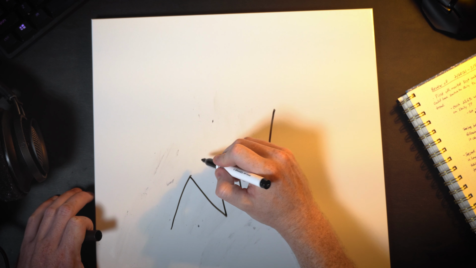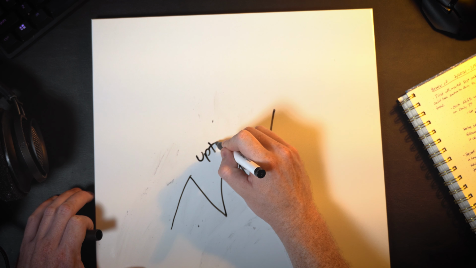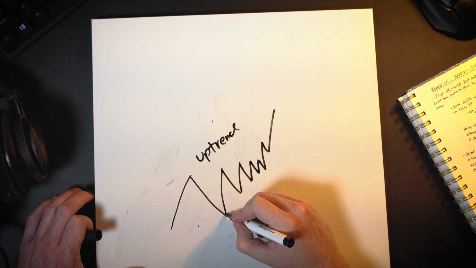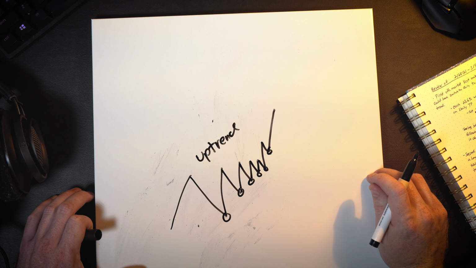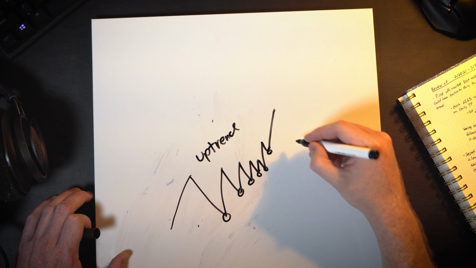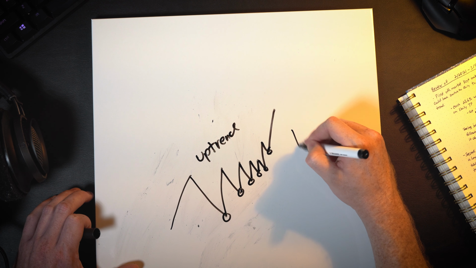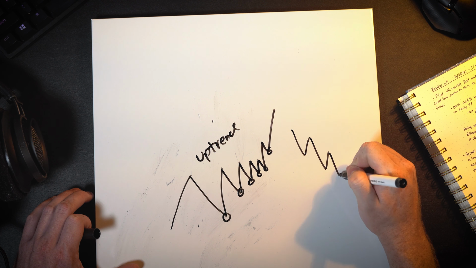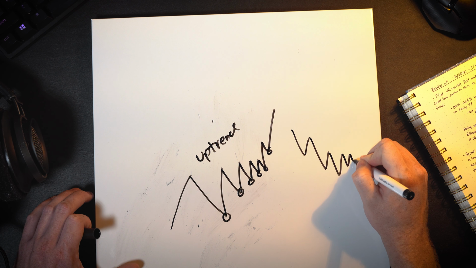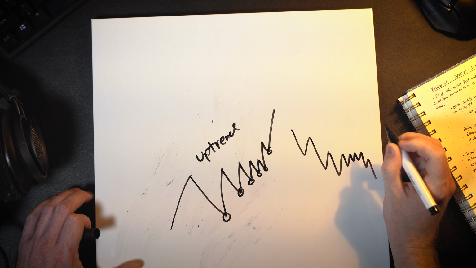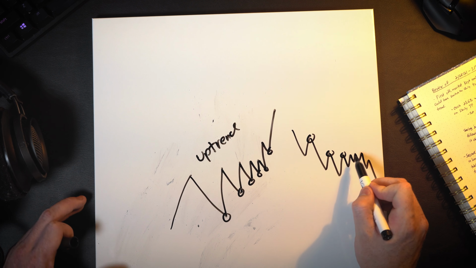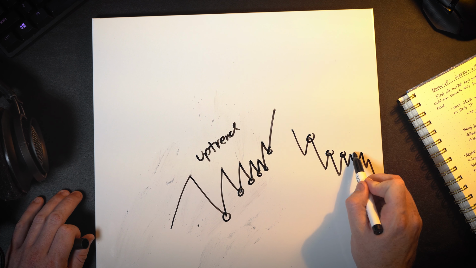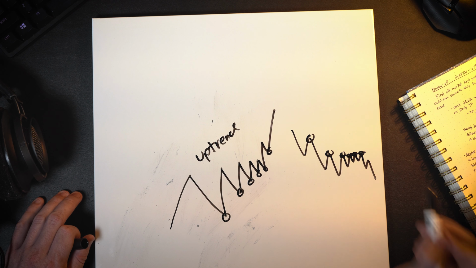So, uptrend, and it's maintaining all of its higher low points. Okay, downtrend, it's maintaining all of its lower high points even when it came up to 100%. So it maintained all of this right here.